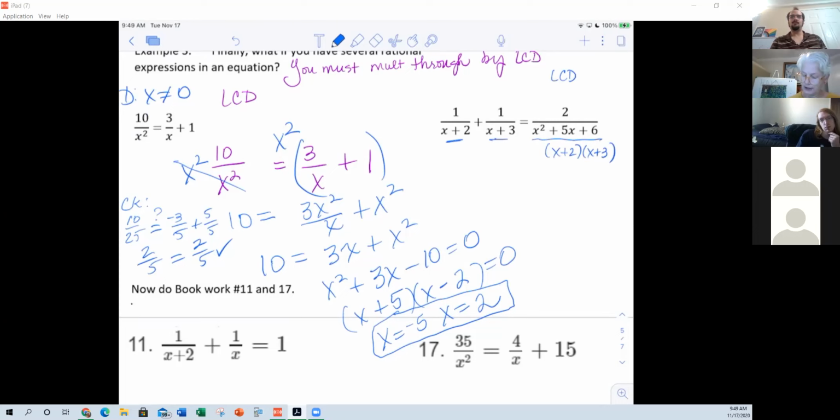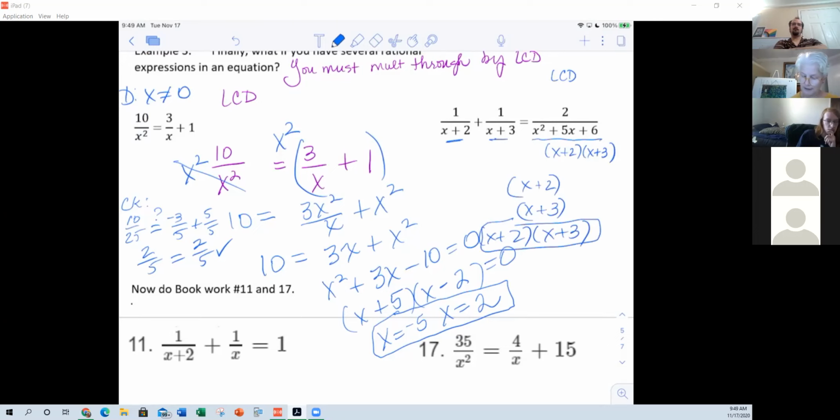So if you list all the denominators, x plus 2, x plus 3, and x plus 2, x plus 3, you can see that this one has everything we need, right? So that's the one we pick.